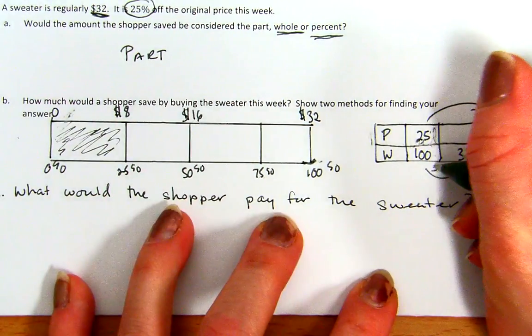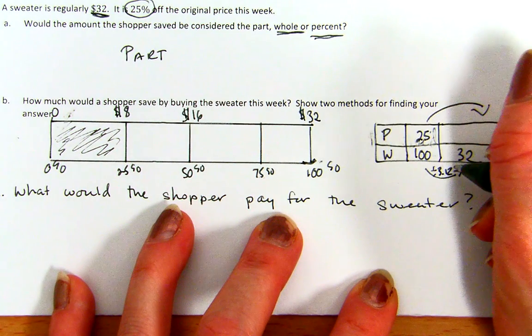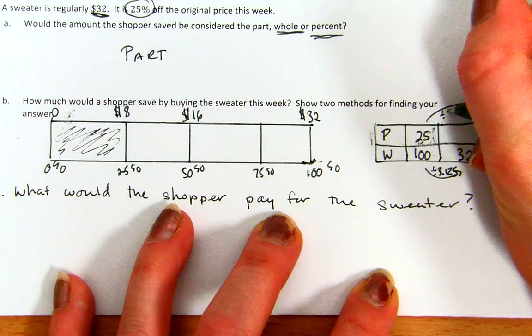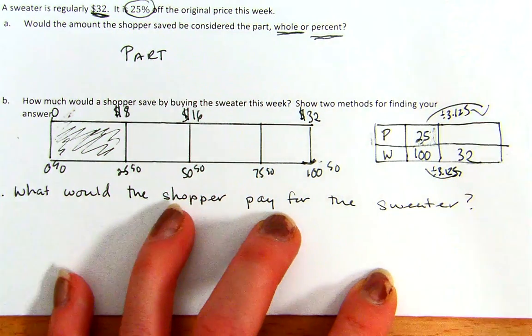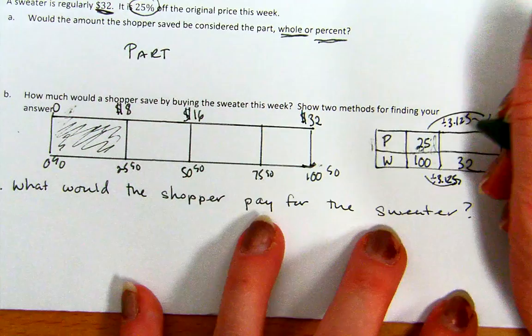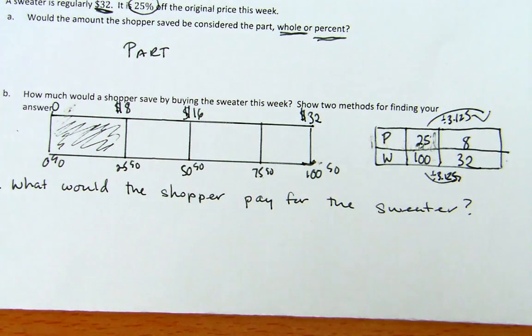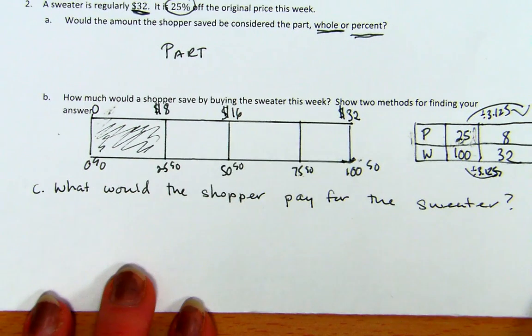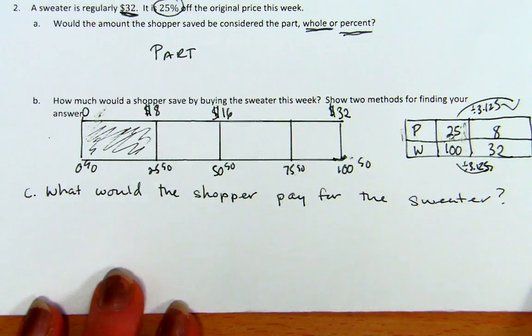So that would be divide by 3.125, which means up here I'd also have to divide by 3.125. And 25 divided by 3.125 should give us an answer of $8. So 25 divided by 3.125, yes, does give us an answer of $8. So there's two ways to find the amount saved, okay?